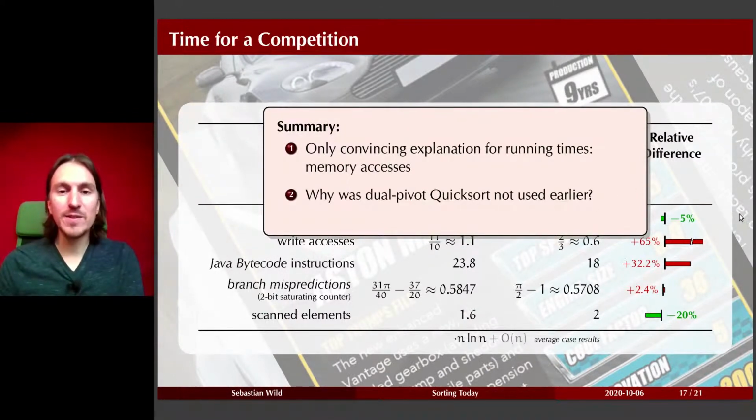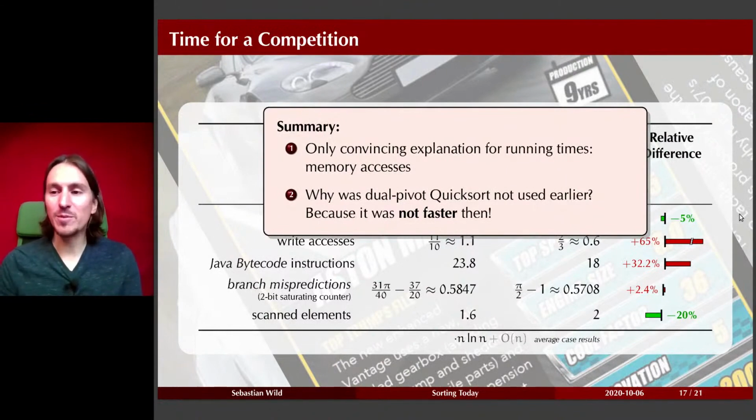And that also explains why this method has not been used earlier. It was not faster back then. They might have actually done experiments with a similar method, not exactly Yaroslavskiy's one, because it has a few novel twists to it, but had they used some version of dual pivot Quicksort, it probably would not have been faster.